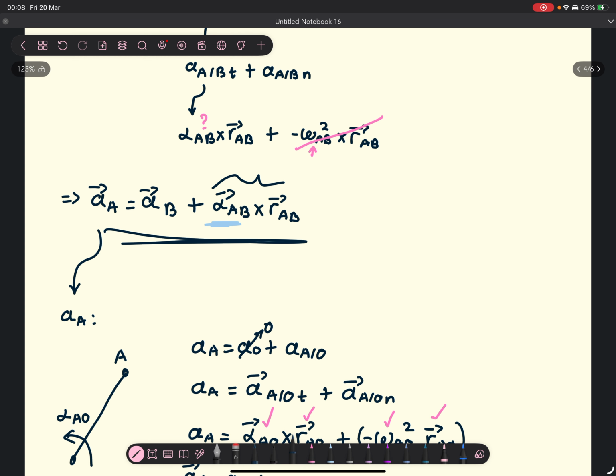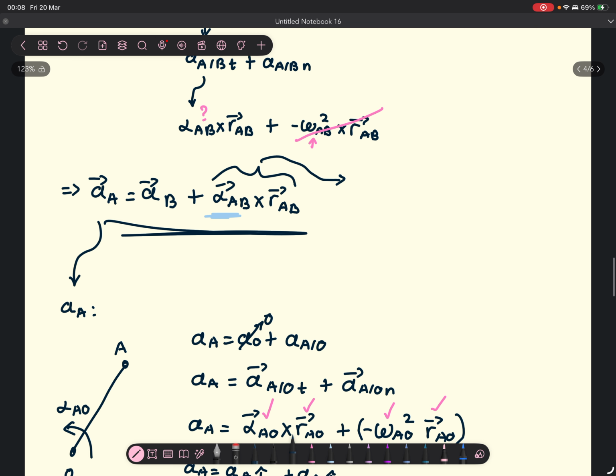We can do the same for this term: if we take the cross product and simplify, we get something, something, something, alpha AB in the I hat direction plus something alpha AB in the J hat direction.